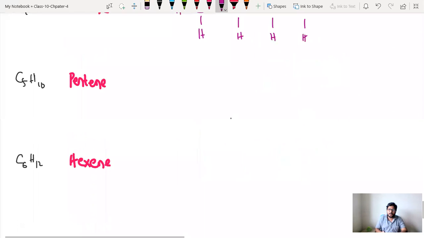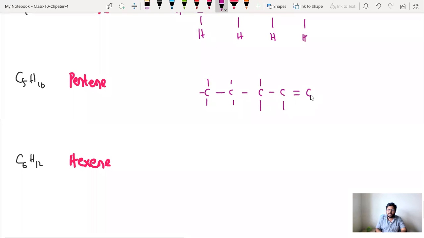So can you draw for pentene? It is easy to draw. Take 1, 2, 3, 4, 5 carbons. Wherever you want, you can draw the double bond. If you are drawing one double bond, the remaining should be single bonds. And if you count valency, for the first carbon 1 is already there, 2, 3, 4. While coming to the second, 2 already there, 3, 4. The third carbon, 2 already there, 3, 4. The fourth carbon, 1, 2, 3 there, 4.